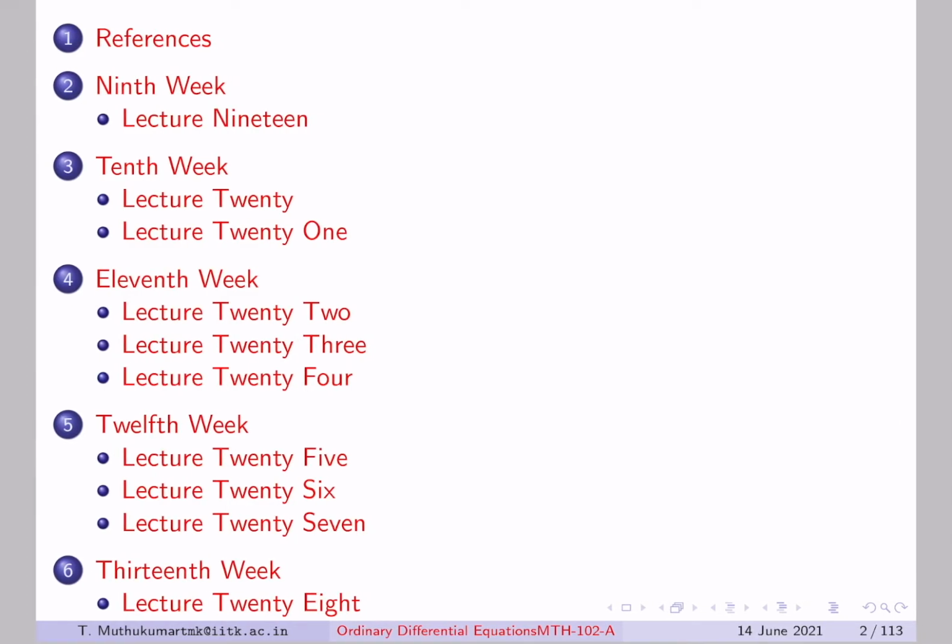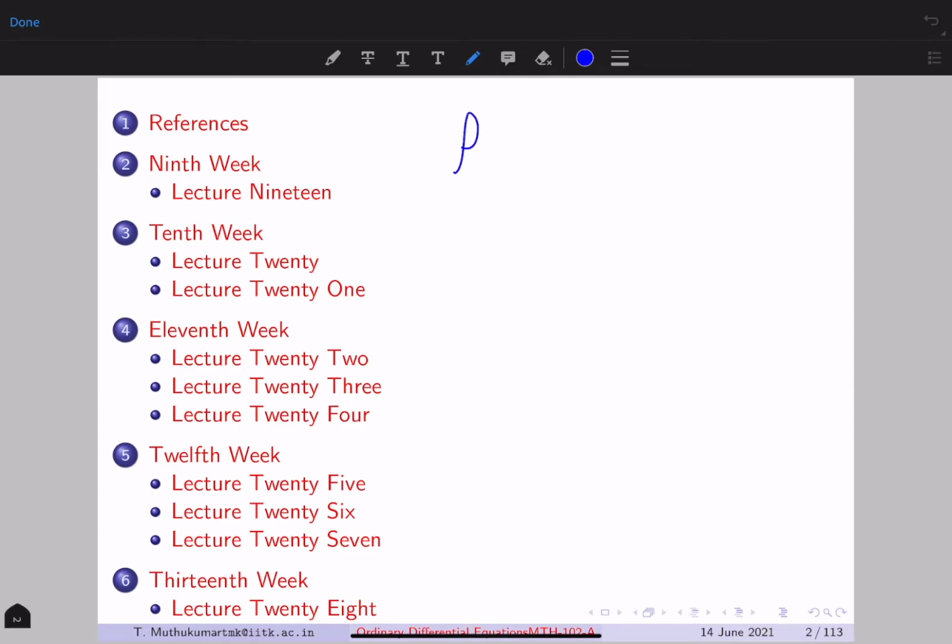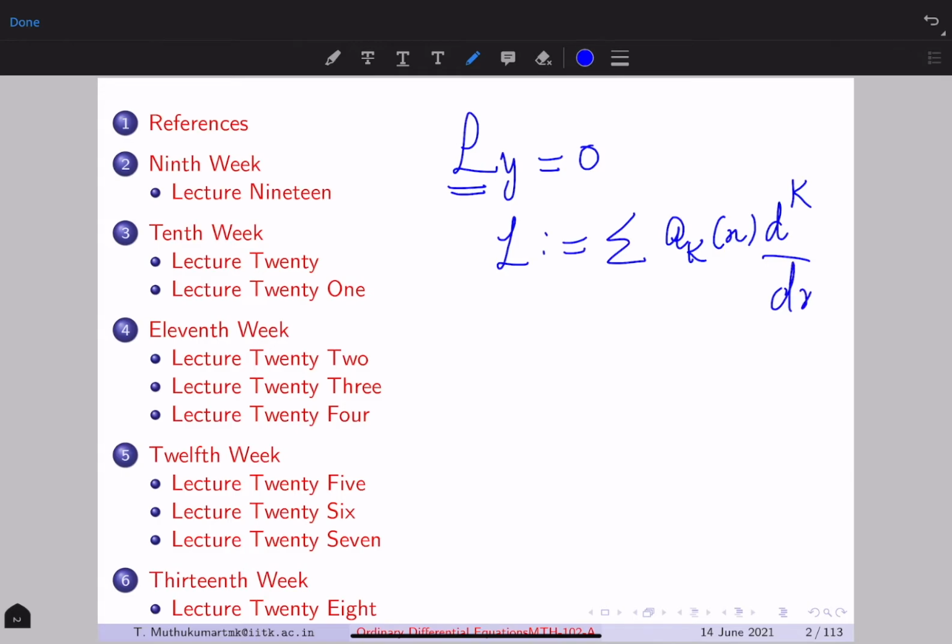That is, you have a differential operator L of kth order, and when we say linear, we basically mean it's of the following form, where i runs from 0 to k.